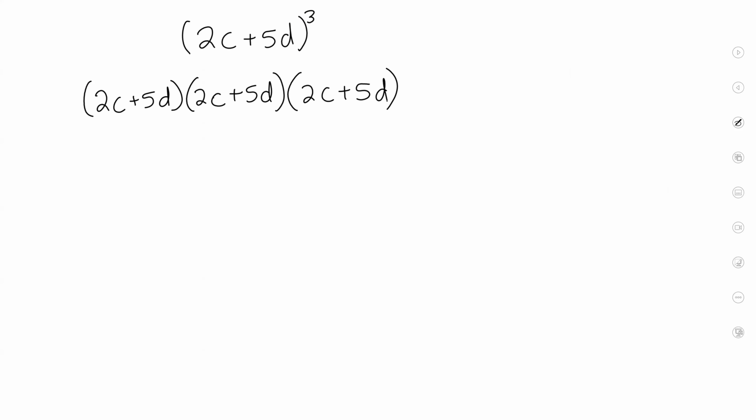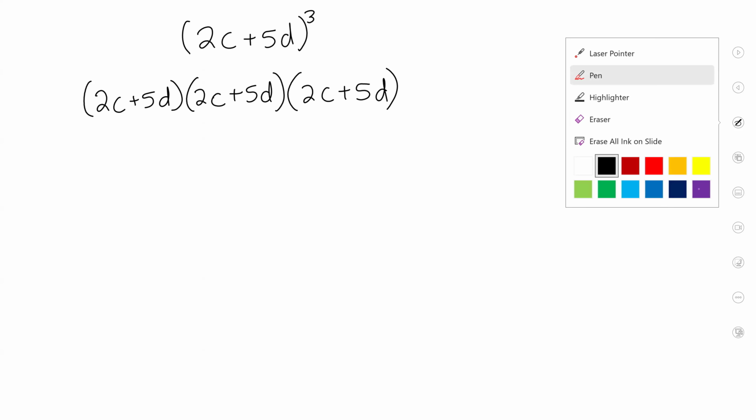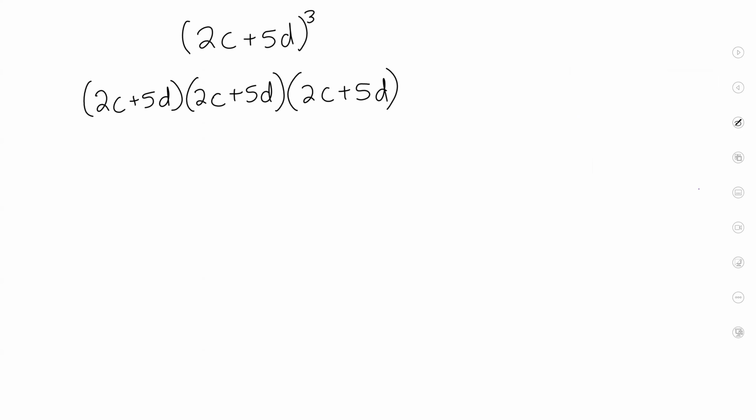I'll start at the front. So 2c times 2c. 2 times 2 is 4. 2 c's is c squared. 2c times 5d. 2 times 5 is 10. And then I have the letters c, d.